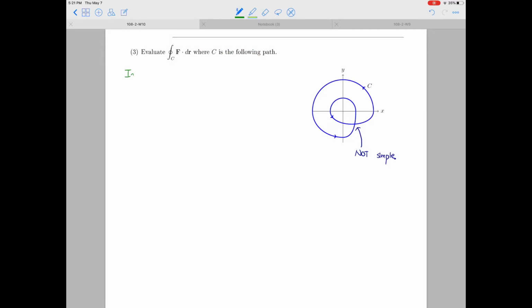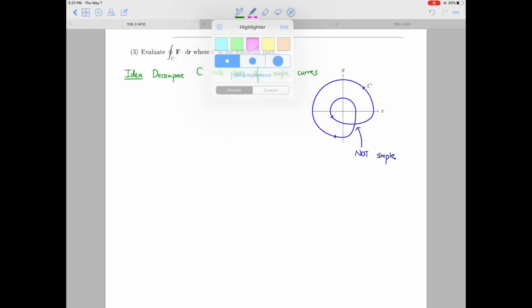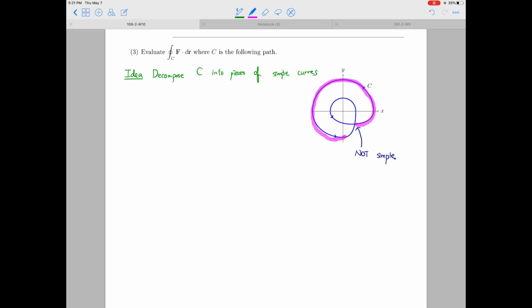But as I say, when you deal with a non-simple curve, that's not the end of the world. The idea is to decompose C into simple curves, or let me say pieces of simple curves. What does that mean? If you look closely at this curve C, it really can be decomposed as, firstly, you have this, and secondly, you have this.